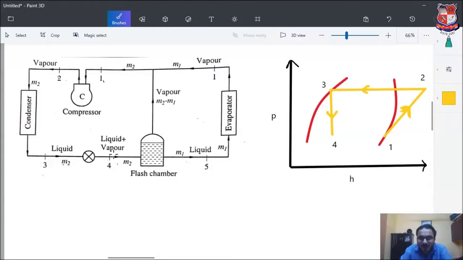Okay, now the important part is coming here, that from point number 4 we are only allowing M1 part to go through this evaporator. So a division is happening here. So what is going to happen here, that some portion is being evaporated.